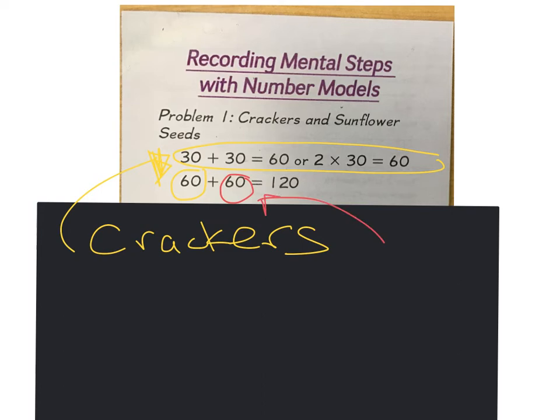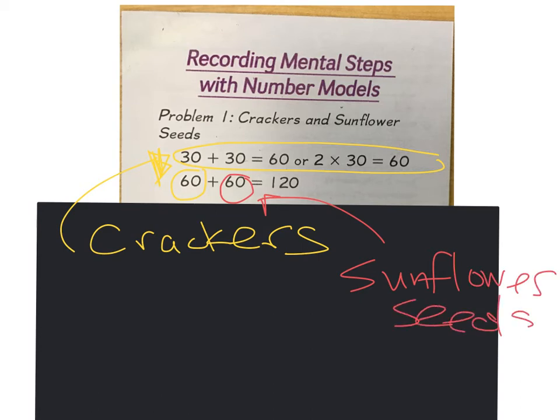So if I add those 2 together, I'm going to get 120. Okay, so that's where I come up with my answer of 120. I have to make sure I include the units as well. So the units is going to be cents. 120 cents is my answer.